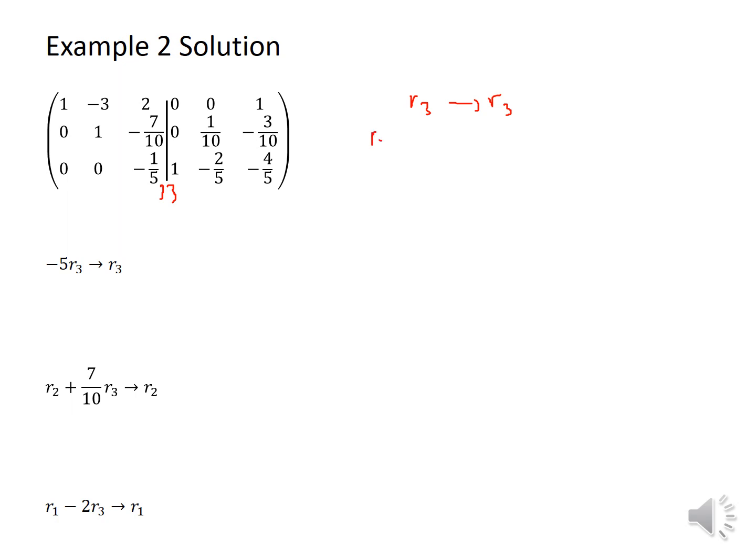So look at the procedure. Original R3 is 0, 0, negative 1 over 5. Because we need to convert this negative 1 over 5 to 1, so we need to multiply the R3 by negative 5.